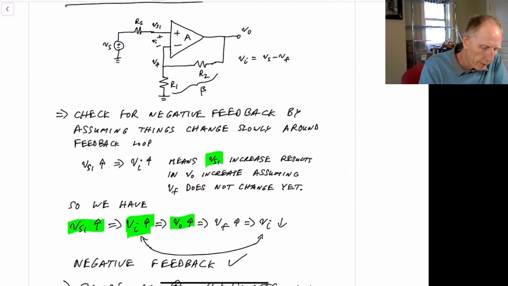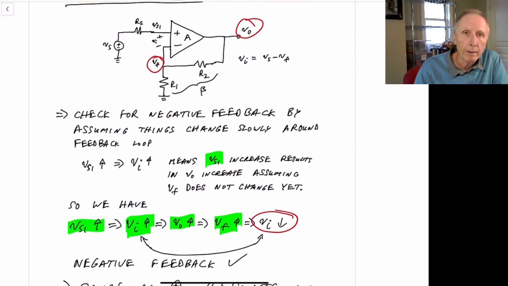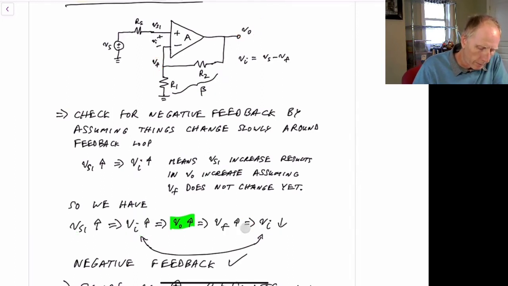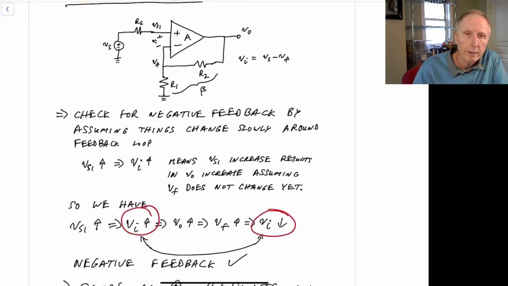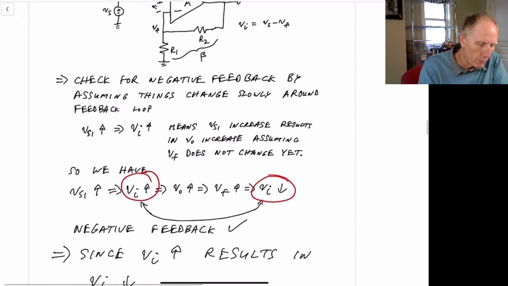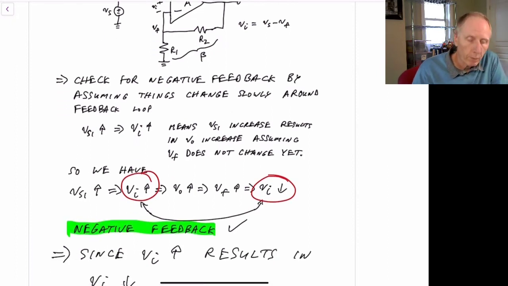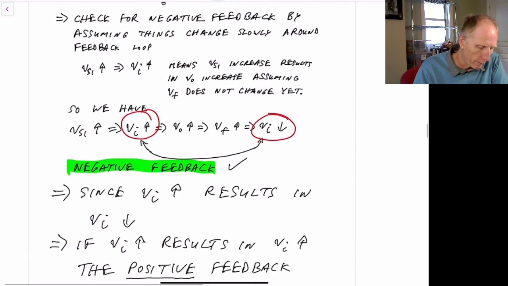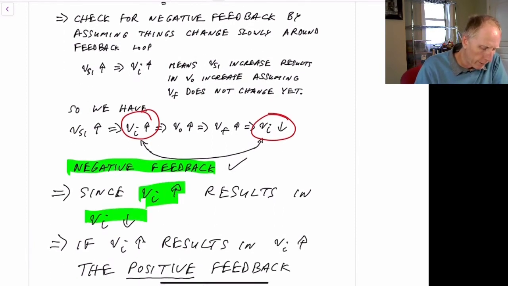And then if V out increases, so if this value here goes up, then V sub F will also increase. If V sub F increases, that decreases V sub I. So we've gone around our loop, and V sub I increasing resulted in V sub I decreasing. And that means that we have negative feedback around our loop.